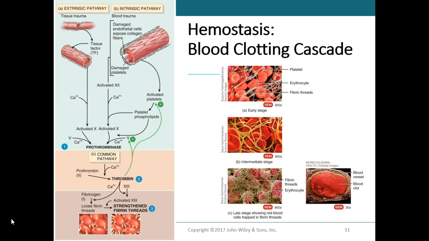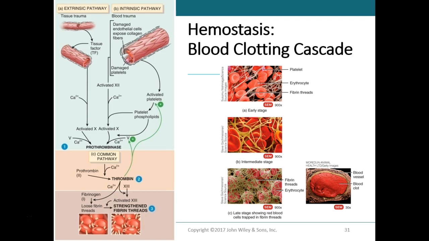The extrinsic pathway of clotting happens within a few seconds. So tissue factor, we just call it TF, you'll see it at the top here, tissue factor TF, in the presence of calcium, is going to activate clotting factor 10. Okay? So tissue factor leaks into the blood from outside the blood vessels.